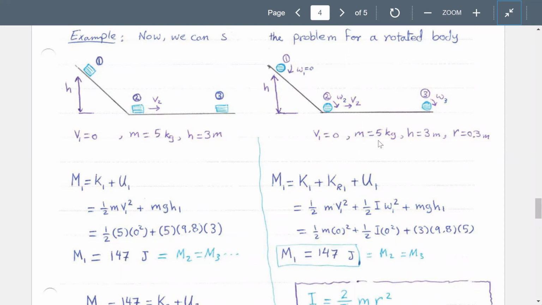We have the same system here, but with a ball, and this ball will not slide, it is just rotating. The same mass, 5 kilograms, the same initial altitude, and we need to know its radius, because we need to find many things using this radius.